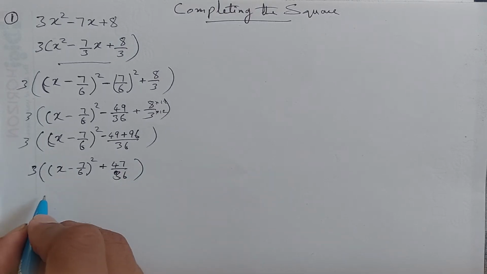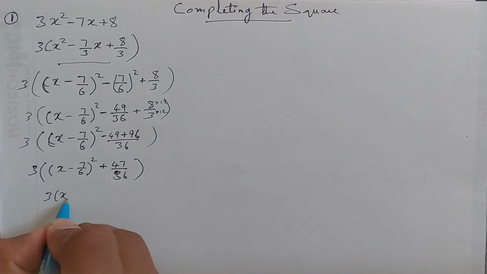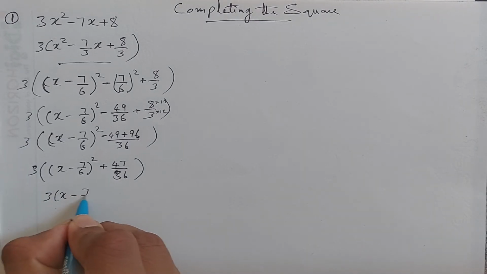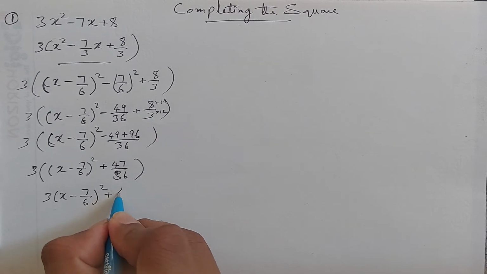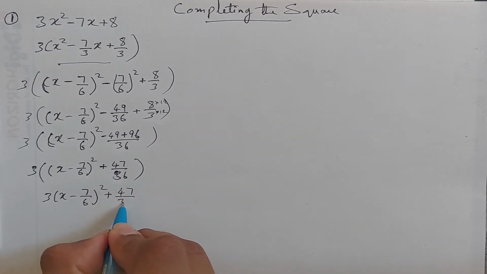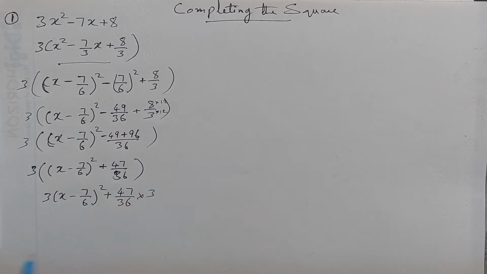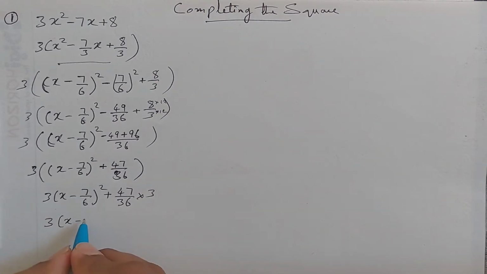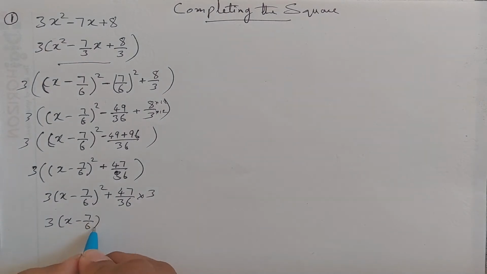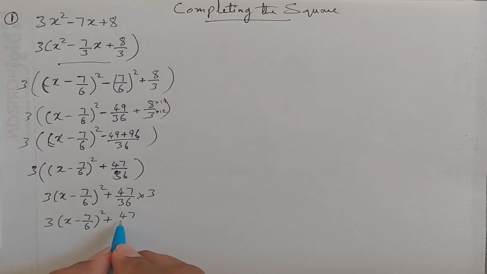Now you multiply that 3 inside. So it's x minus 7 over 6 whole squared plus 47 over 36 times 3. So final answer is x minus 7 over 6 whole squared plus 47 over 12. That's it. That's our final answer.